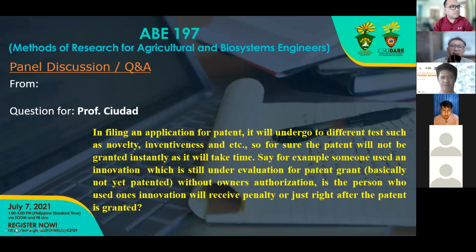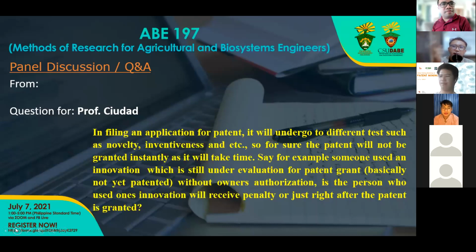I mean, your patent is not yet granted. So what you can actually do is to inform the person na, hey, there is an ongoing application for this, and you have to stop, or whatever negotiation that you want to use, or you can at least have informed already the person who is using the invention.